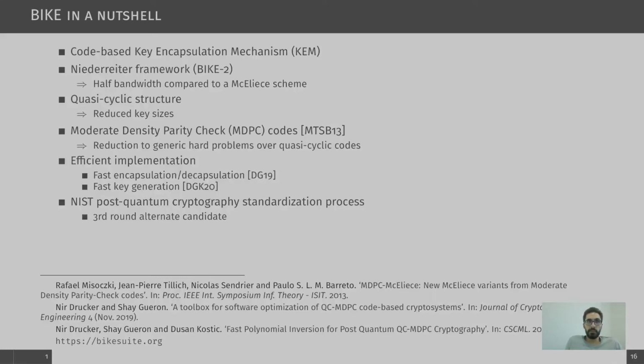There has been some recent work on efficient implementation of the scheme concerning the encapsulation and decapsulation methods, as well as the key generation in the BIKE-2 context. The National Institute of Standards and Technology has shown interest in the scheme by choosing it as an alternate candidate for the post-quantum cryptography standardization process.